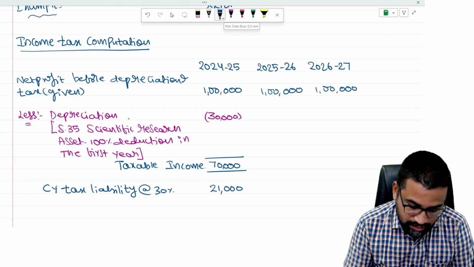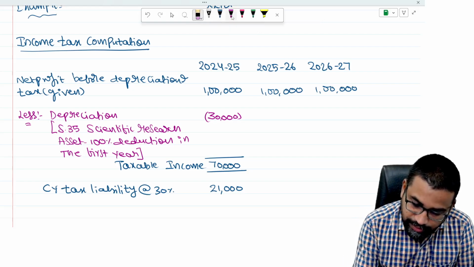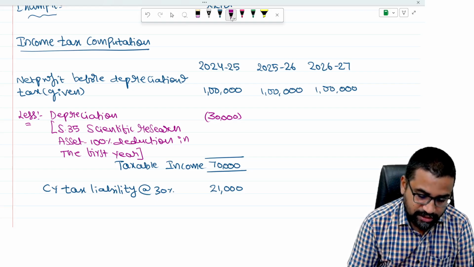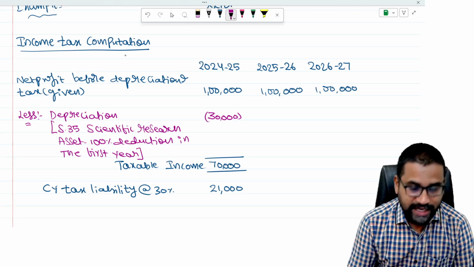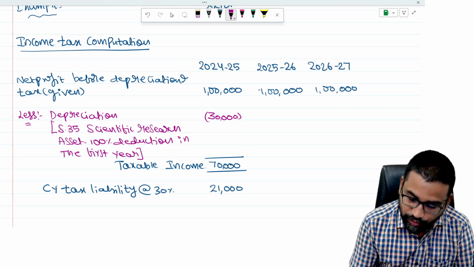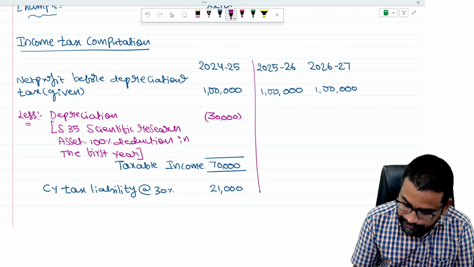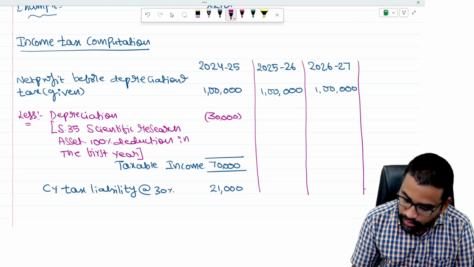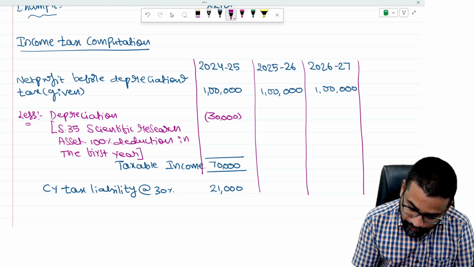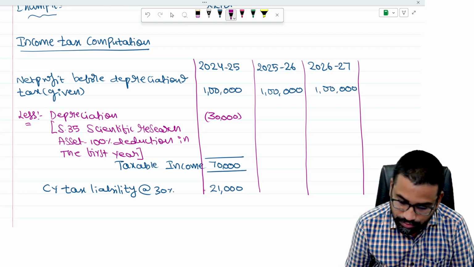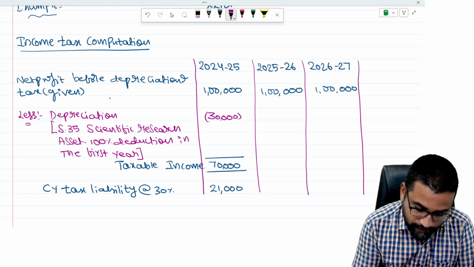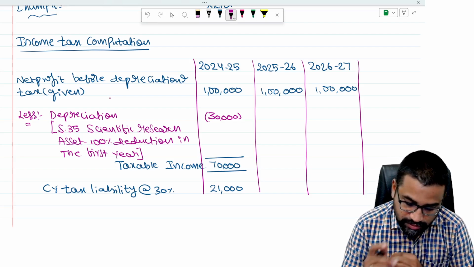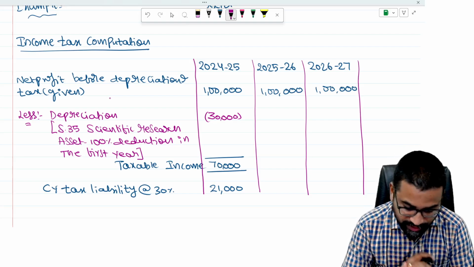I am taking one example, sir. There is a company called X Limited. We are computing income tax. Suppose current year 24-25, one year is there. What is the net profit before depreciation and tax given? Every year 1 lakh I have taken for your understanding.